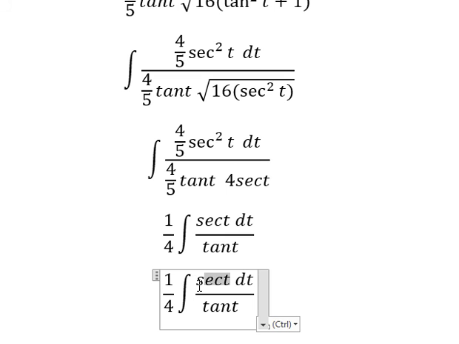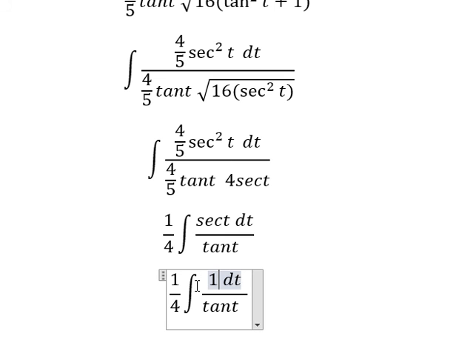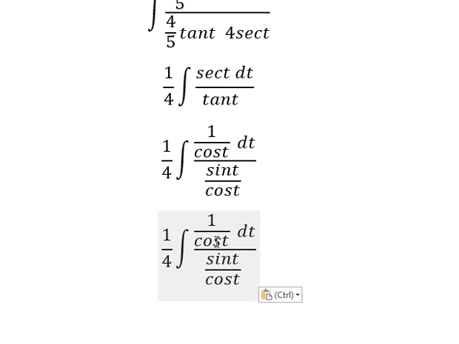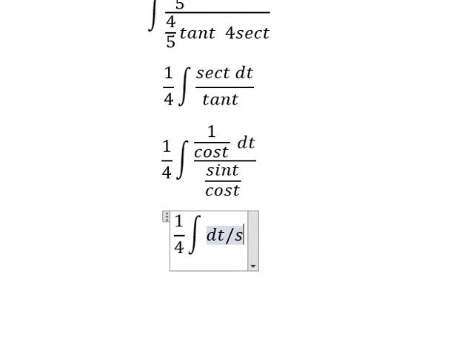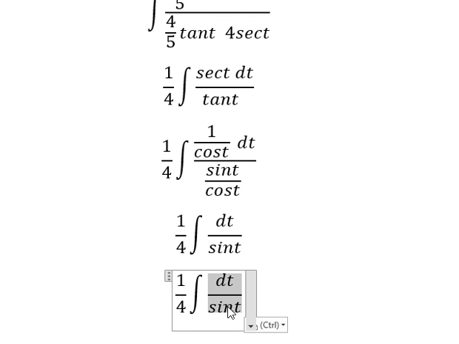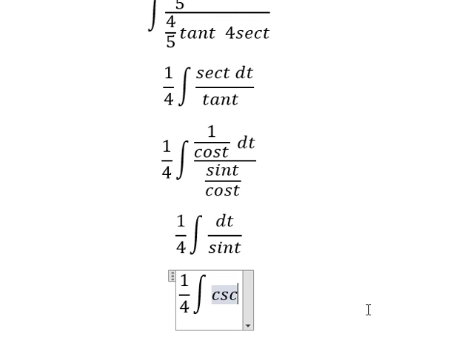This one we can put into 1 over cosine t. Similar for this one, we change sin t over cosine t. Cosine t, we simplify. This one we can put into cosecant of t dt.